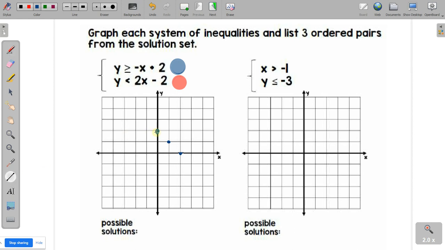So let's draw our solid line. And now we're going to shade. It's a greater than, so we're going to shade above the line.